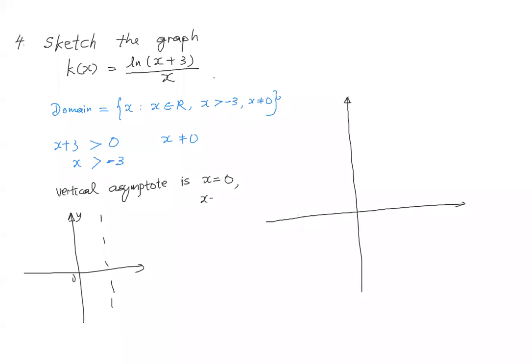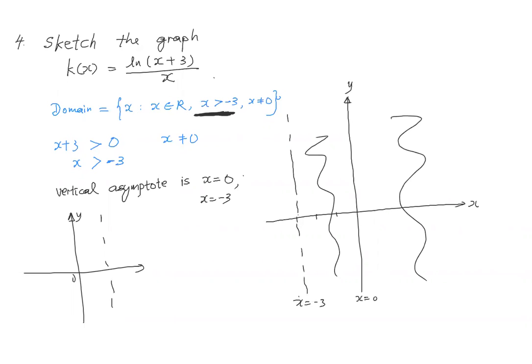Yes, you are right. So I have 1, 2, 3. x equal to -3, and x equal to 0 is here. So my graph is going to break into 2 pieces. Do you know why? Because my domain is x greater than -3. So I only have graph here and here. Correct?